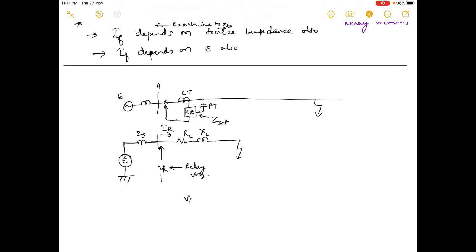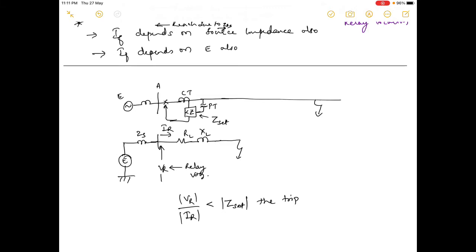Now we have VR and IR, the relay voltage and relay current, because V by I is Z. If this value is less than the set value, the relay trips.